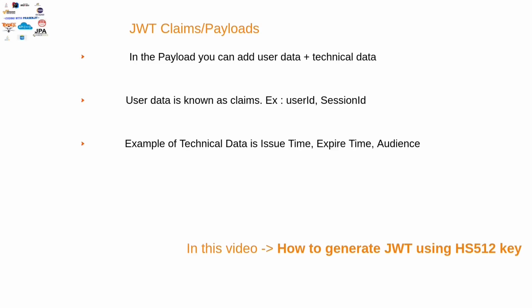For this video I am going to explain how to generate a JWT using the HS512 key. In the description of this video you will find the link of the source code I am going to show you, so you can easily download it from GitHub and then run it in your local environment.